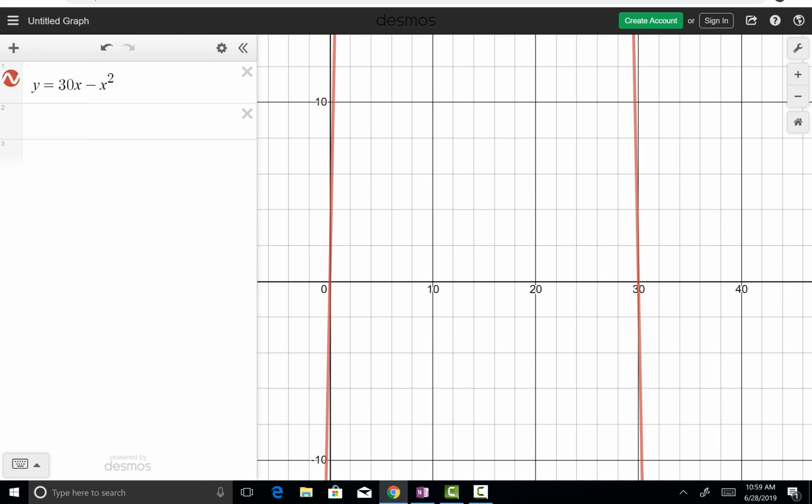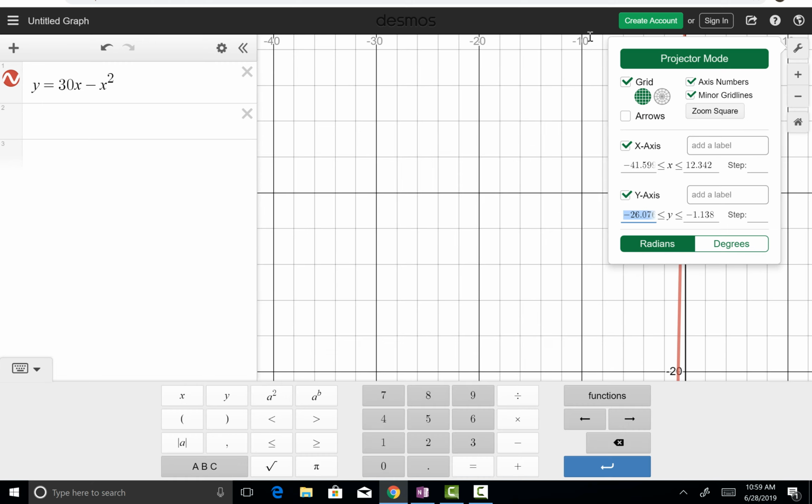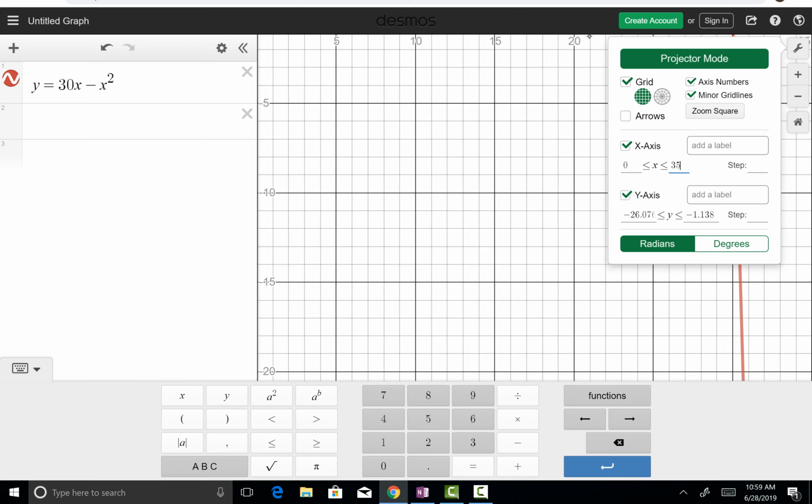Okay. Now, of course, I forgot to do anything with the range. So let me go back and do something with that. Again, that's your area. We know that that's not going to ever be a negative number.